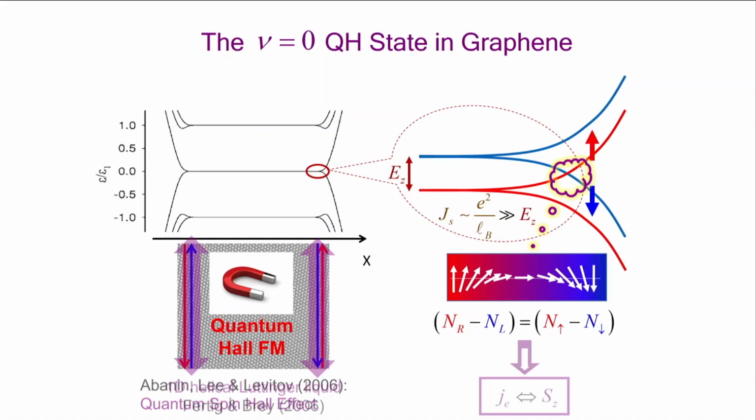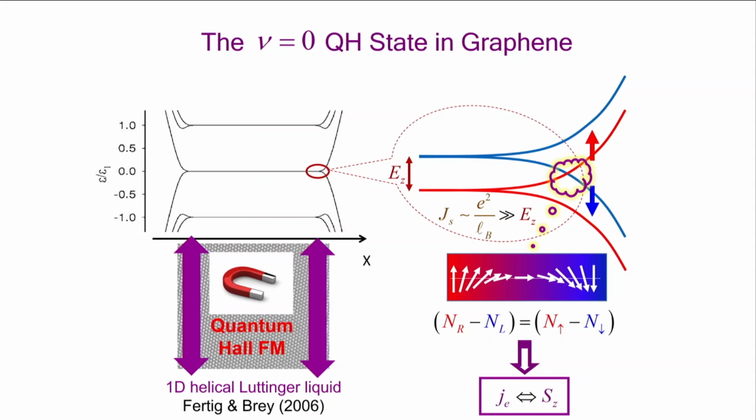And interestingly, in this collective variable, there is a direct relation, if you like, a locking between the current operator, the charge current, and the spin Sz; they are the same operator, okay?